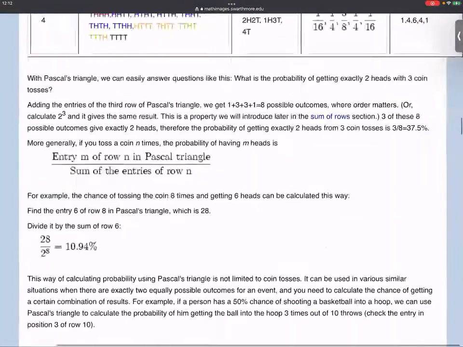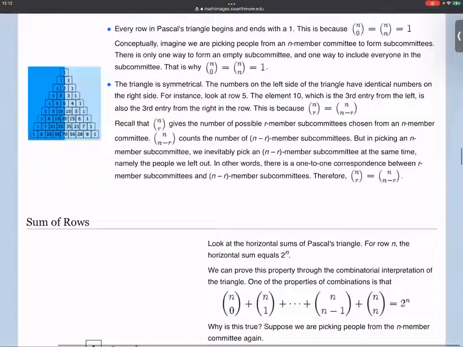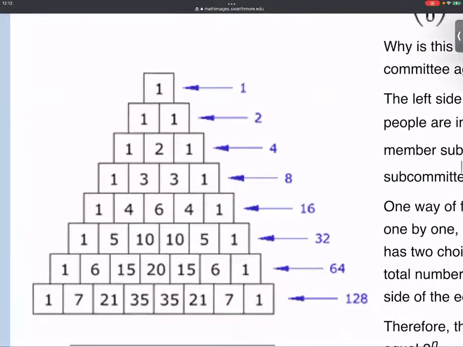What is the coolest thing? I saw this picture. If you add the numbers horizontally, the numbers in blue, that's a total. Can you see something special about the totals? What are they? 2, 4, 8, 16, 32.